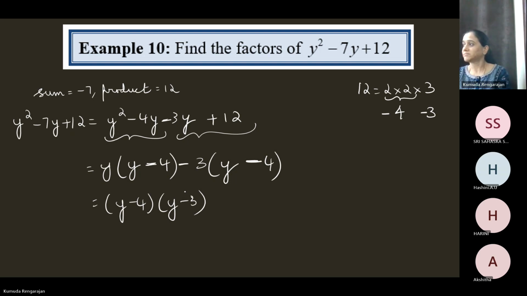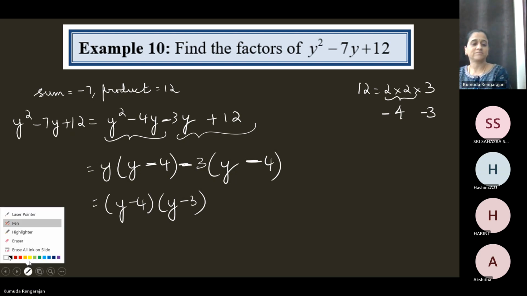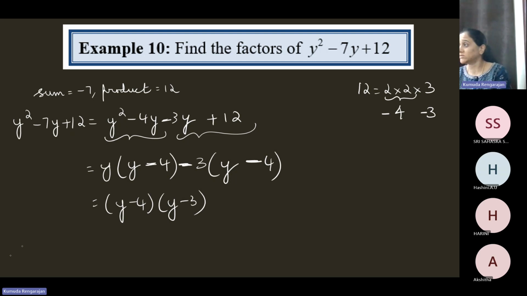I told you, after the first 2 terms, that minus sign you should write down here as it is. We got y plus 4 now, so what we did was change the sign of y also. Corrected your answer. Do you have a doubt?